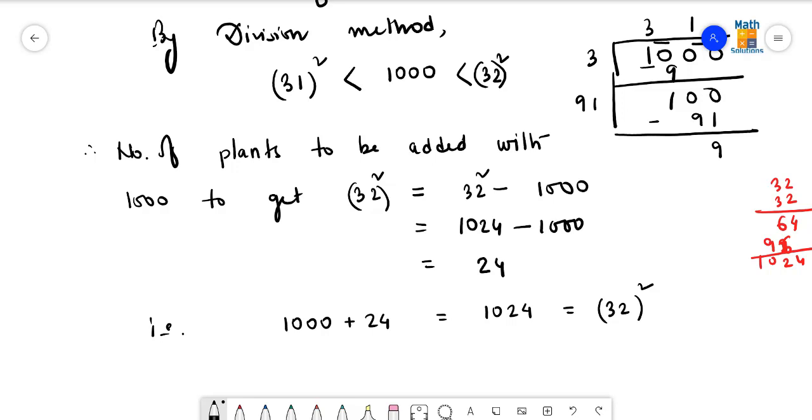So the required number of more plants is equal to 24, and this is the answer. Question number 9 can also be solved in this way with the help of these solved sums. Thank you.